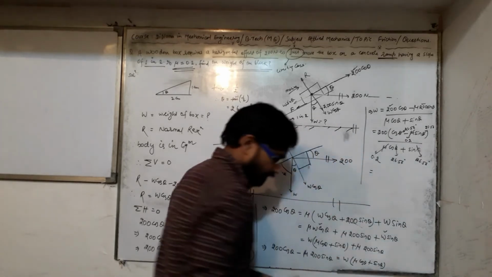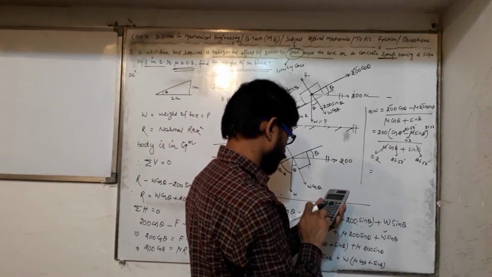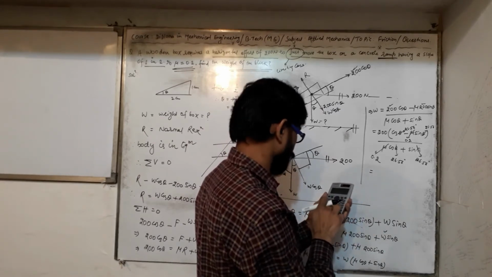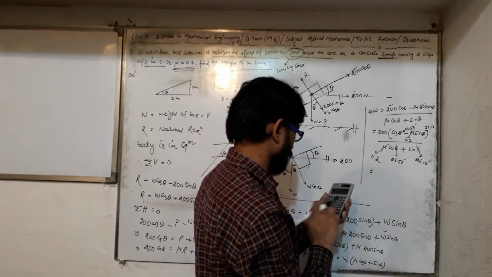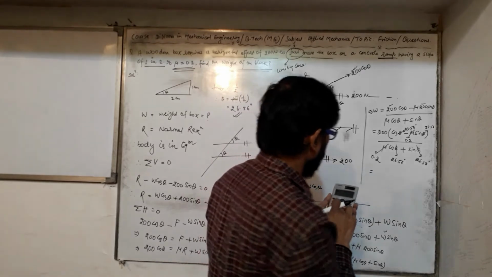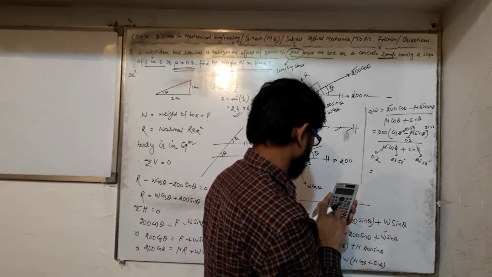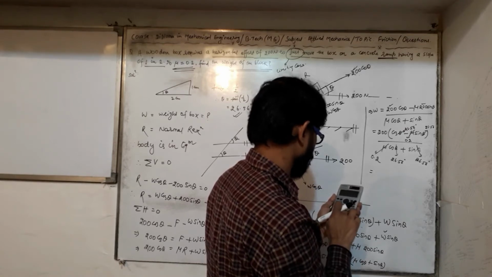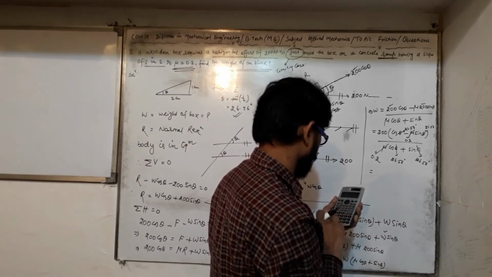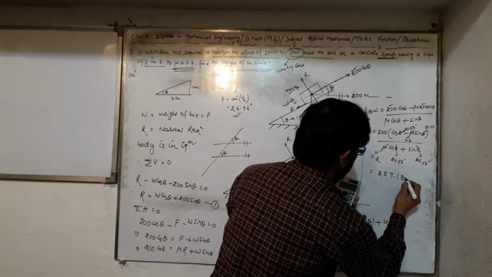So if I am calculating, cos 26.56 minus 0.2 times sine of 26.56, multiplied by 200, divided by 0.2 cos 26.56 plus sine 26.56, we get 257.186.